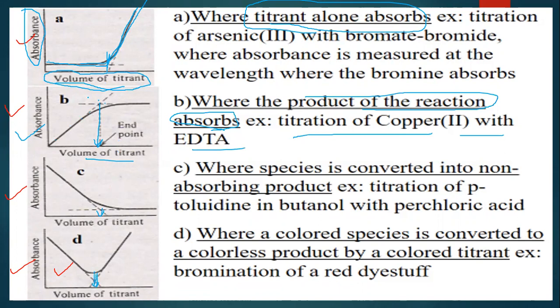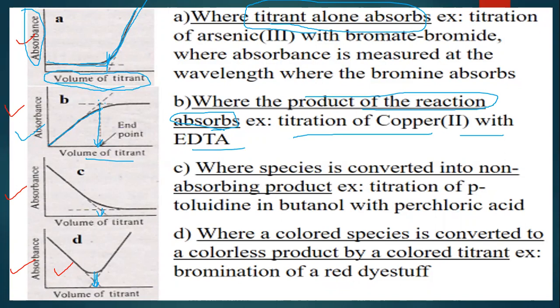Now see, initially the reaction is occurring between your titrant and analyte. So what happens with the addition of titrant? The concentration of product is increasing because the reaction is taking place, and slowly as you proceed its concentration increases. At a particular point all the analyte gets reacted with the titrant.